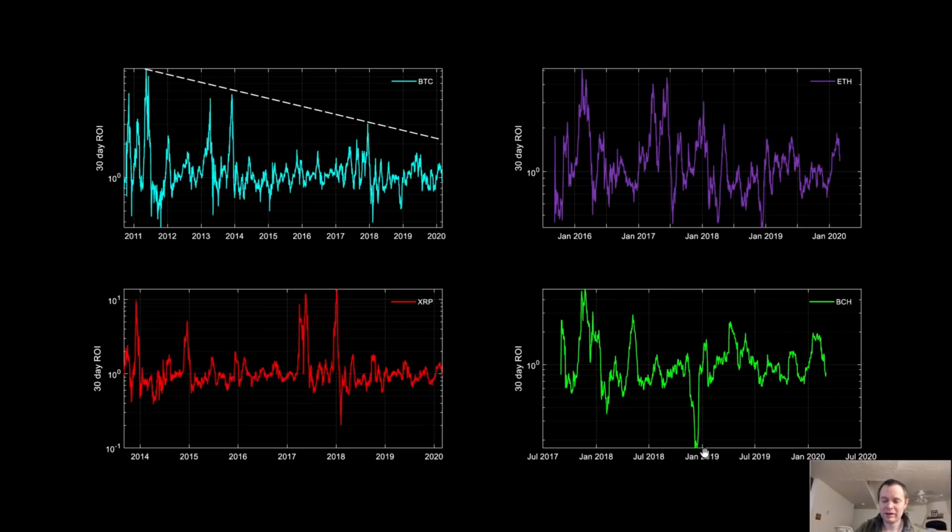Case in point, right before 2019, you can see that 30-day ROI on Bitcoin went down around maybe 50% loss, whereas Bitcoin Cash saw around an 80 to 90% loss in 30 days.